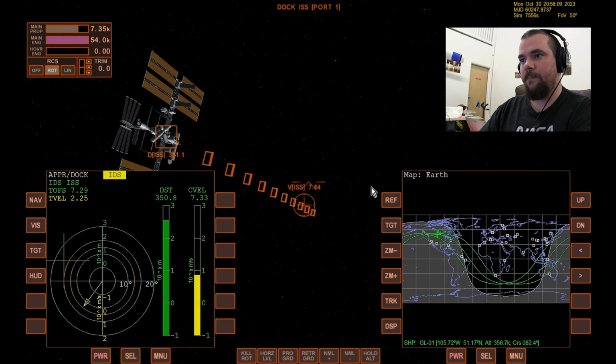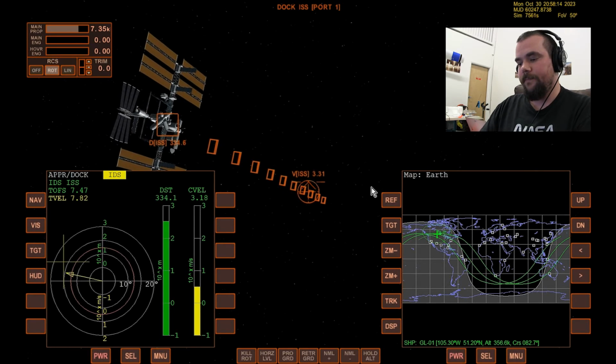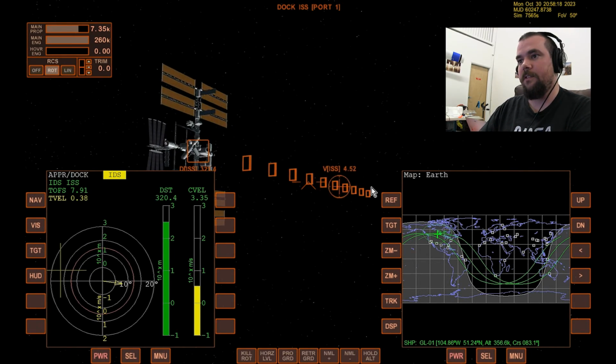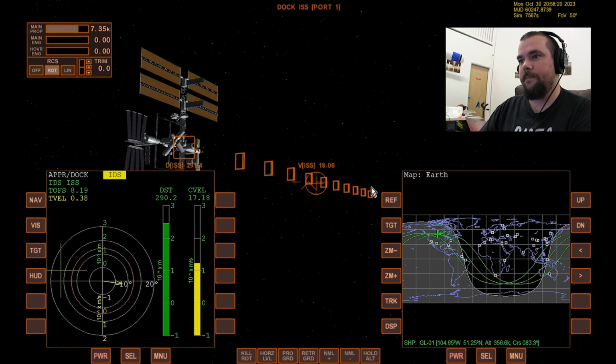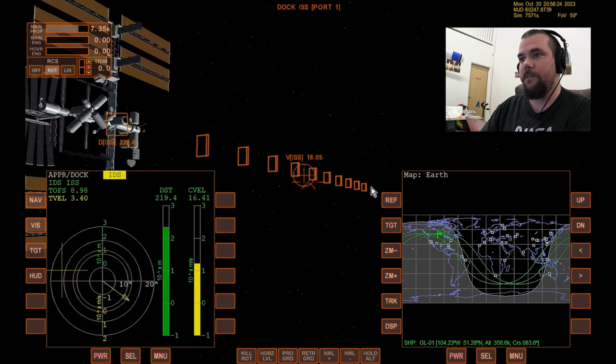Just trying to get this lined up. Yeah, that's good. In fact, trying to save some time here. I'm not going to use the whole runway, just going to use part of it.